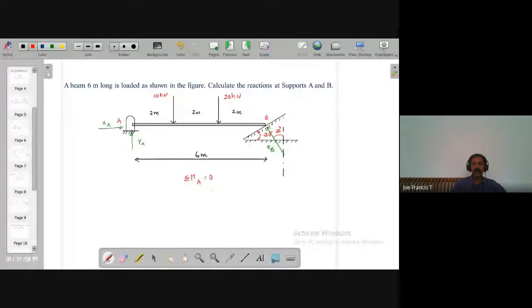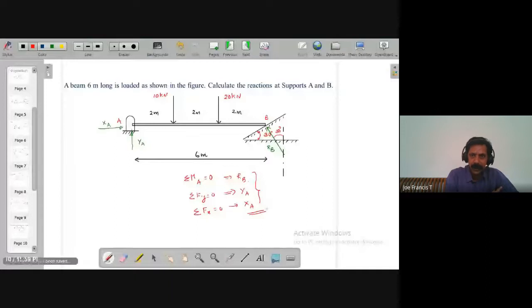You find the value of RB. Then sigma Fy equal to 0 gives YA, and sigma Fx equal to 0 gives XA. This is how you solve this. Try to do it as homework. We shall continue tomorrow. Okay, I'll stop here.